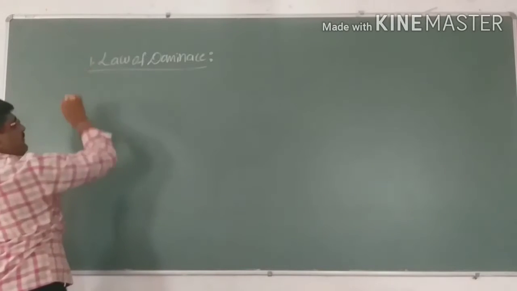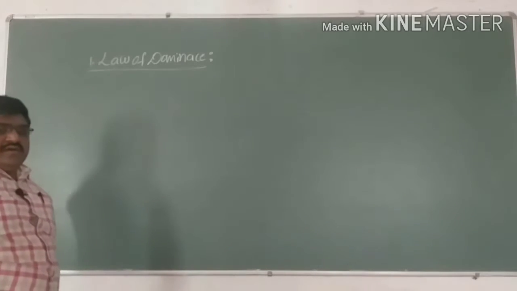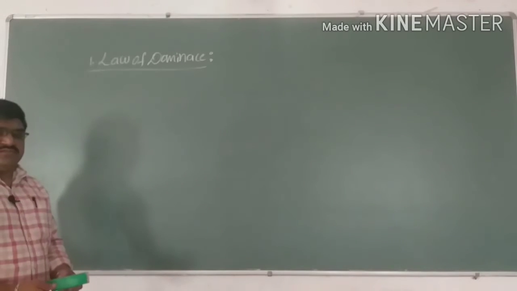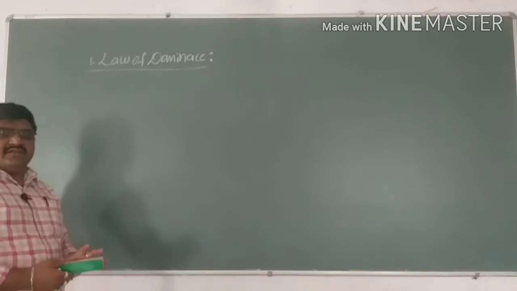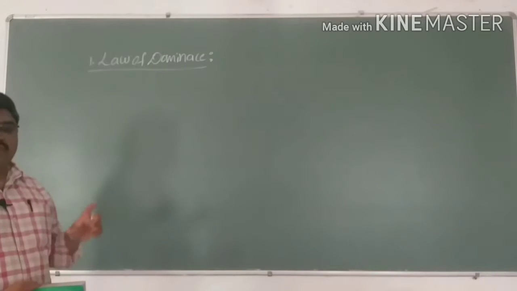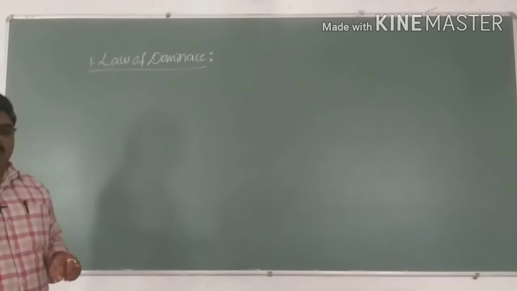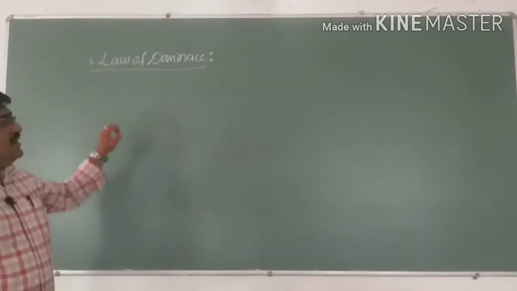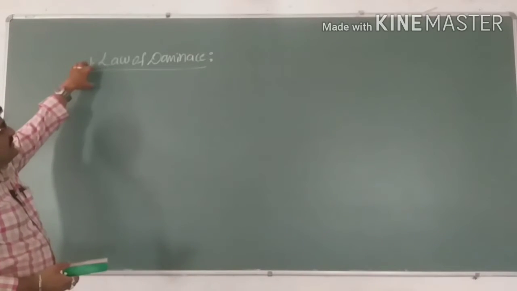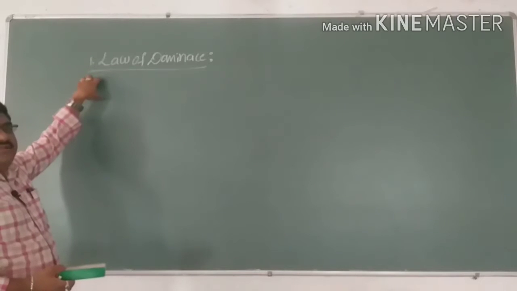The next is the law of segregation, under which we have the monohybrid cross and the dihybrid cross. Now coming to the first one, the law of dominance.